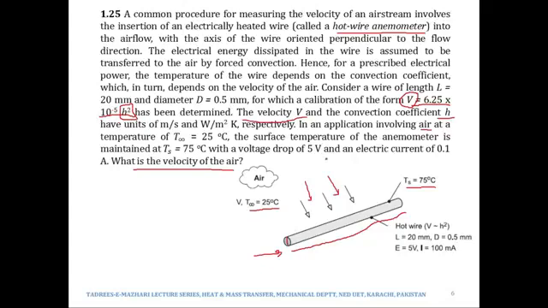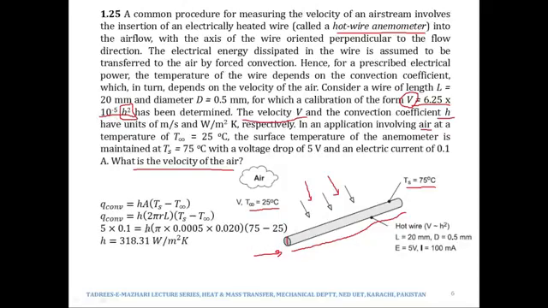So again the velocity will be found using this expression, 6.25 times 10 to the power minus 5 h square. But in order to use this equation to calculate velocity, we must first calculate h, and h will be calculated using hA delta T, Newton's law of cooling.